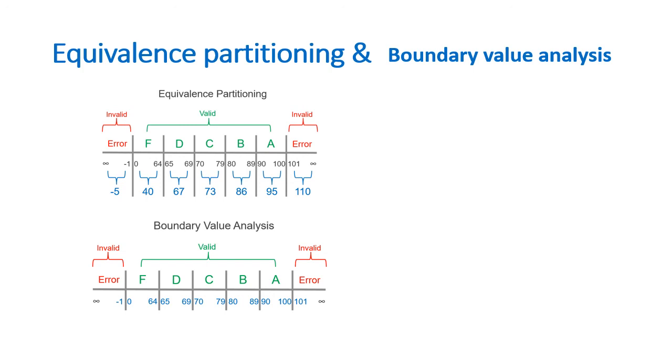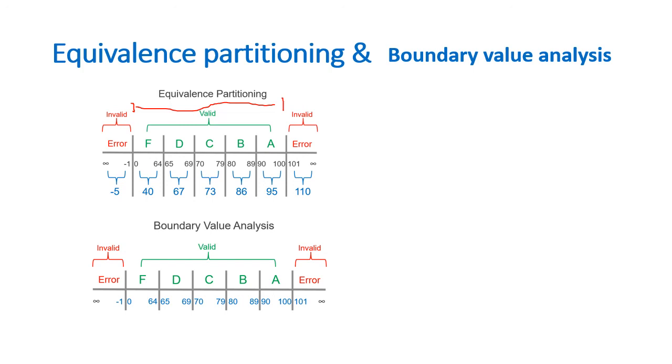For any specific variable, we need to work with data, and based on our particular use case, we try to partition our data. For example, here we have a valid partition between 0 to 100. The invalid partitions are from -1 to -infinity and 100 to infinity.